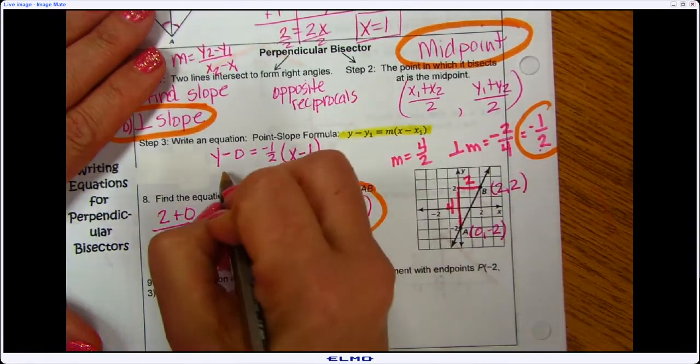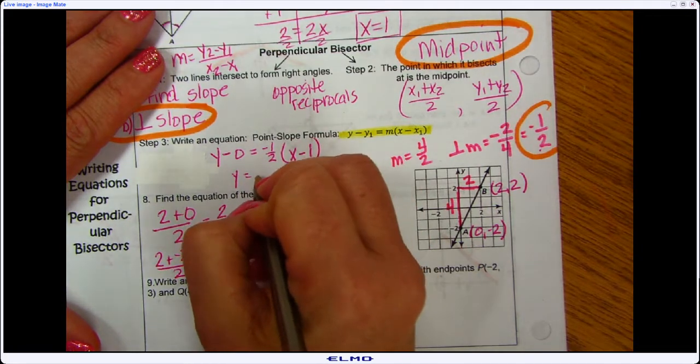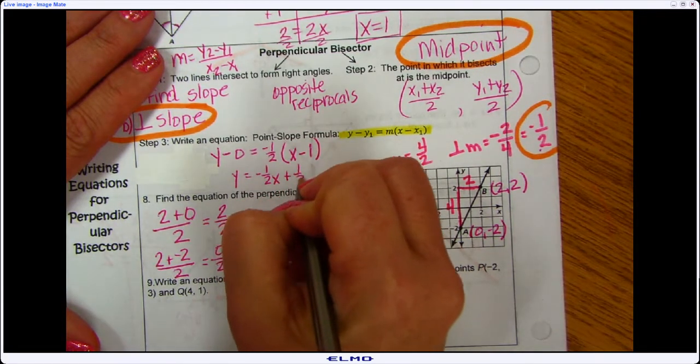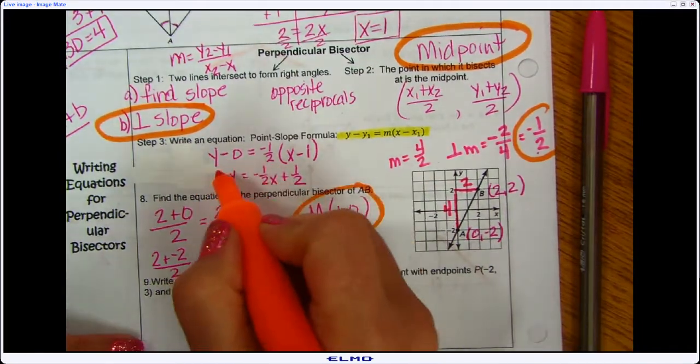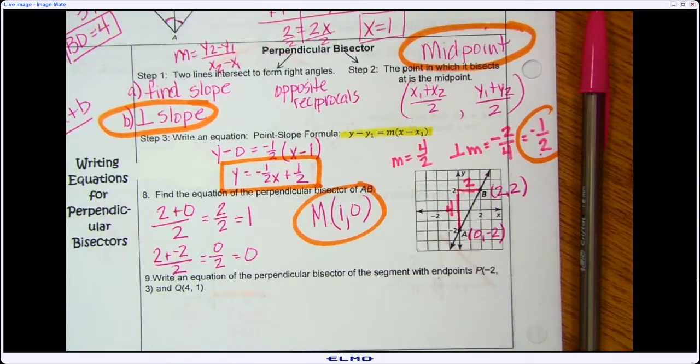Okay, so now y minus 0 is still y, and then distribute the negative 1/2. Negative 1/2 x, a negative times a negative is positive, and that's 1/2 x. So there is your equation of your perpendicular bisector.